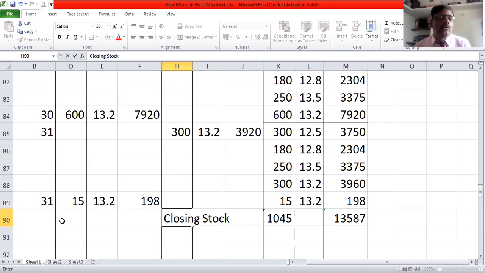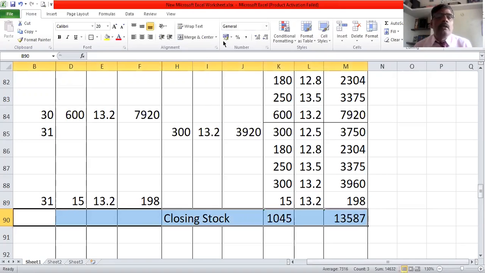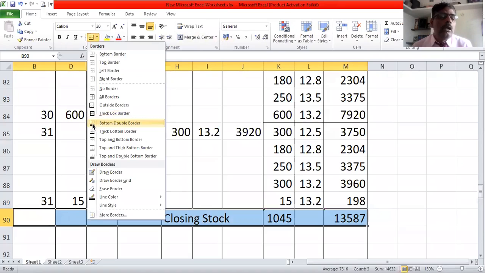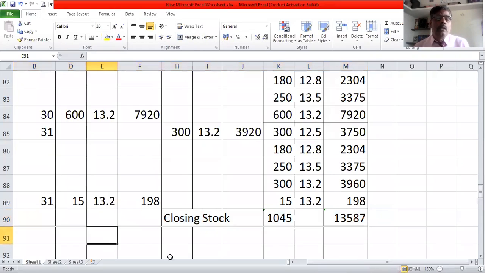Okay, in this way you have to complete the problem. After completing the problem, you put double underline and close it like this. Okay, this is the problem. It is asked on FIFO method. I solved on LIFO. So if you solve FIFO method, your quantity should be 1045 total.